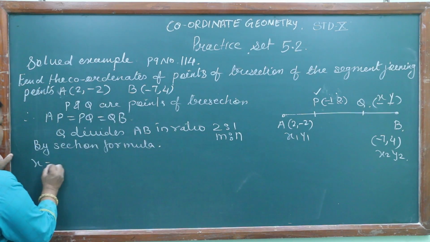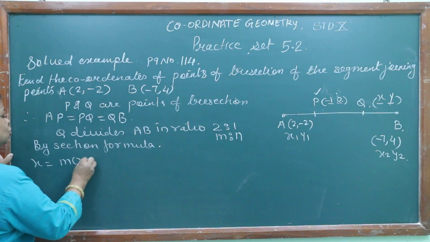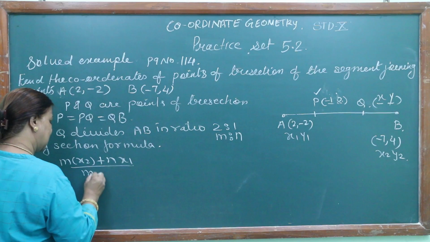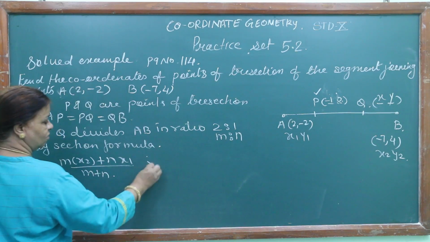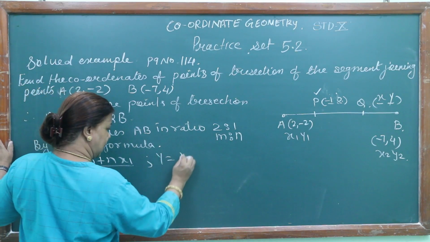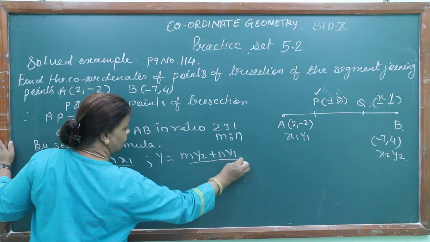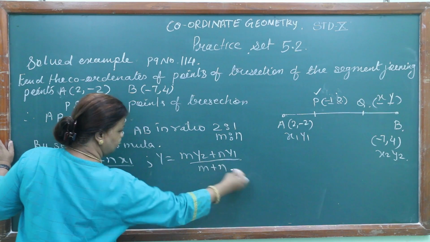x is equal to (m x2 plus n x1) upon (m plus n), and y is equal to (m y2 plus n y1) upon (m plus n).